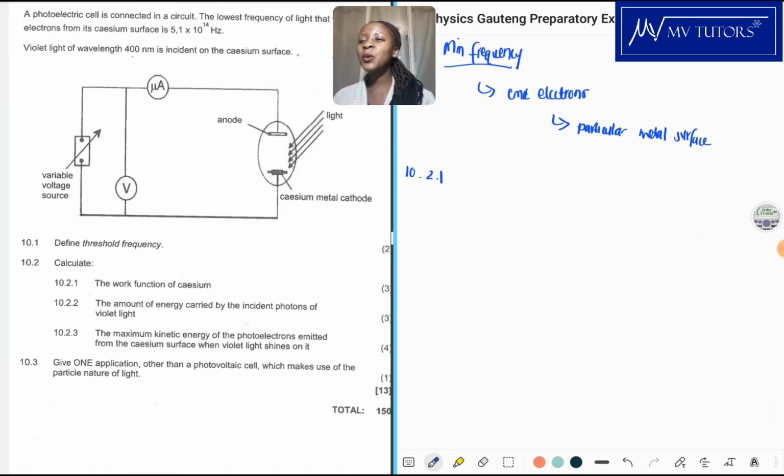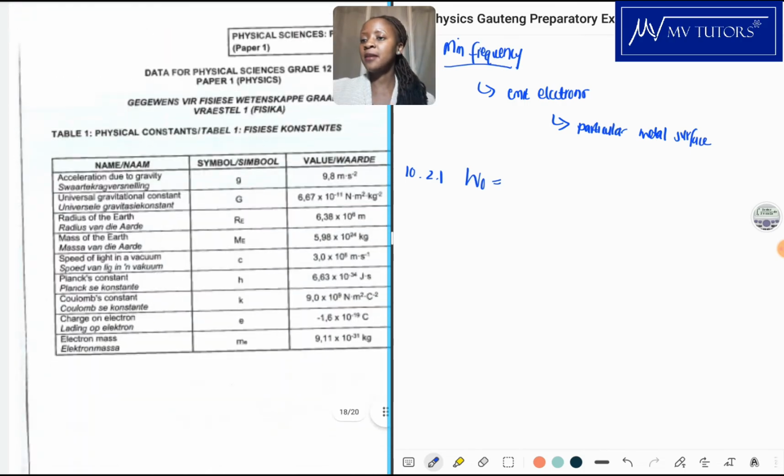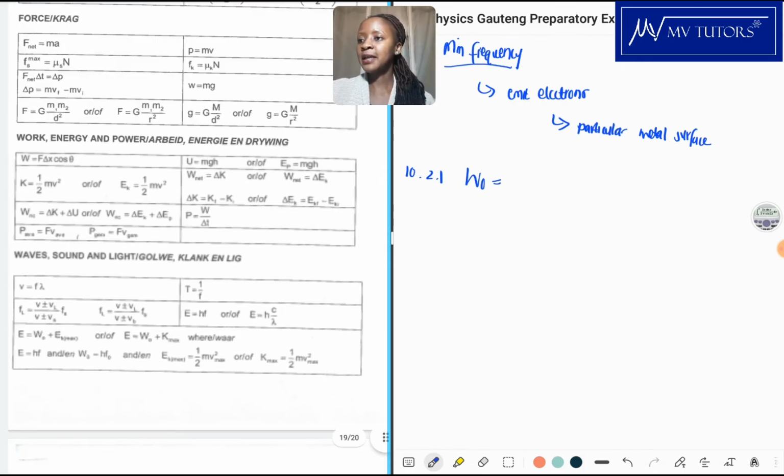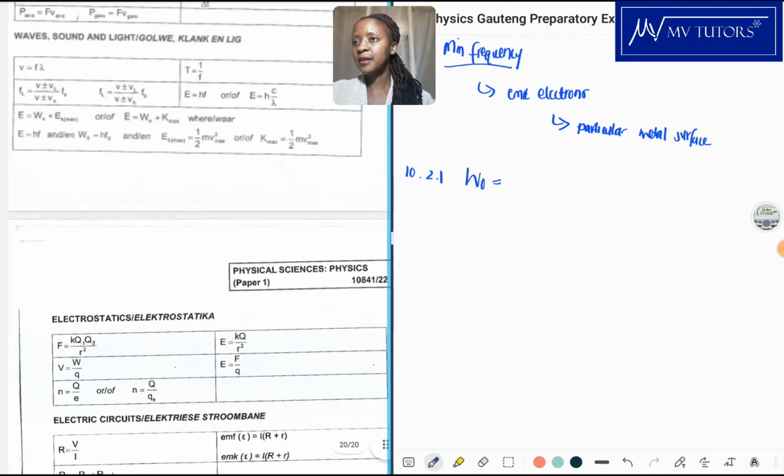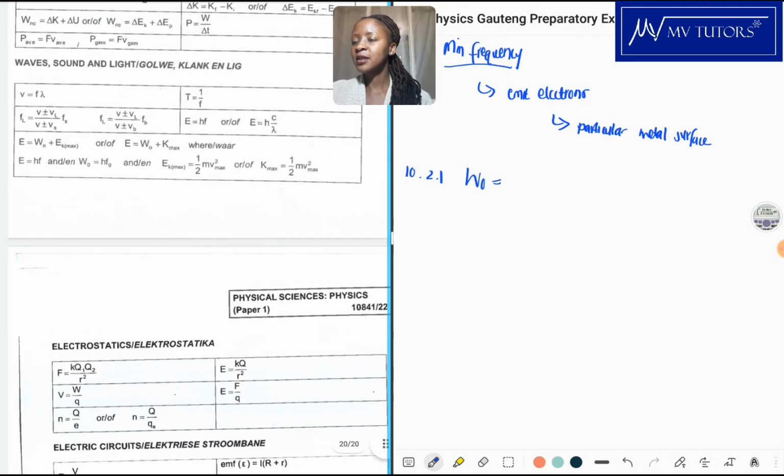Okay, 10.2.1, calculations, which I like personally. It says calculate the work function of cesium. So work function, let's just see the formula for it. Oh, there we go.